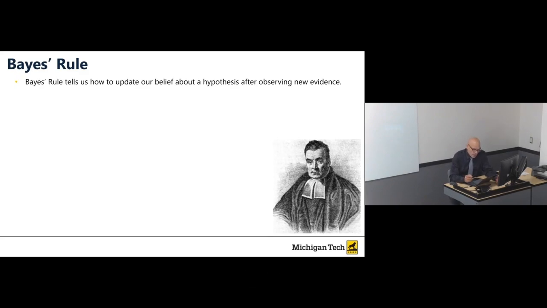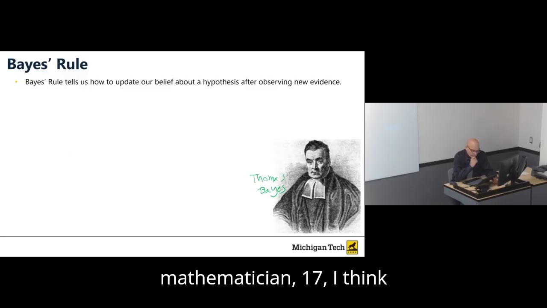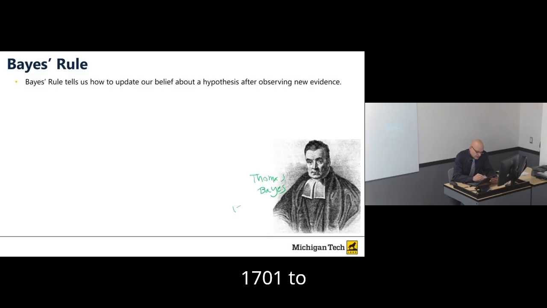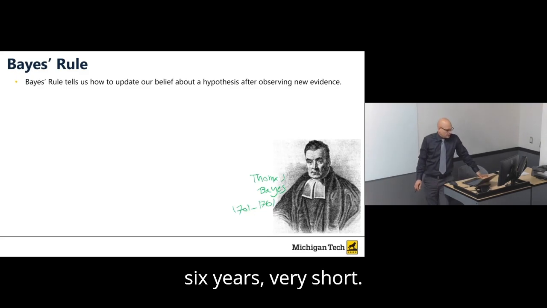Thomas Bayes is a British mathematician, 1701 to 1761, just 60 years, very short.